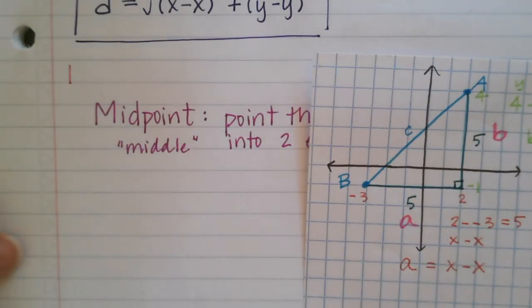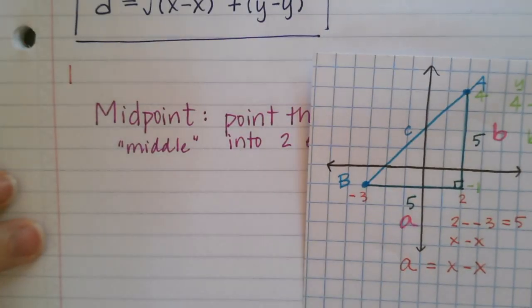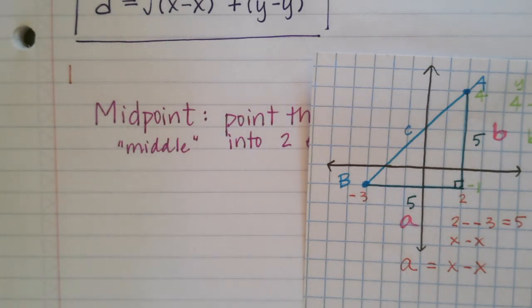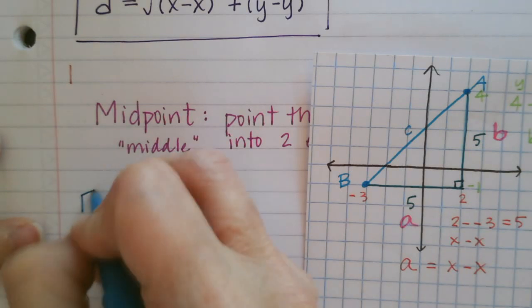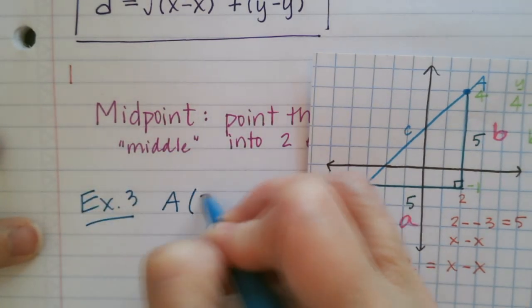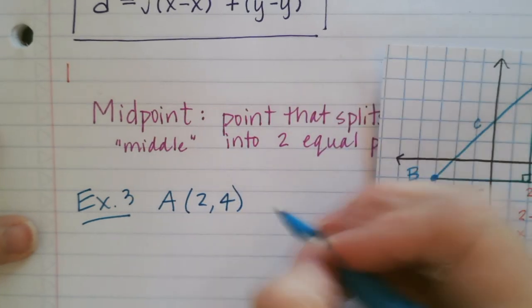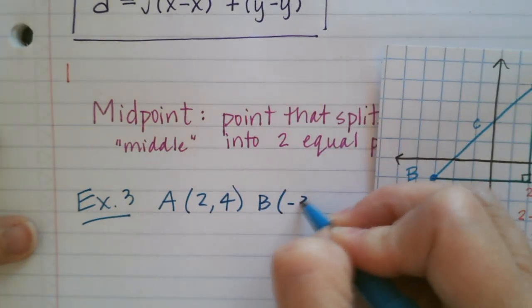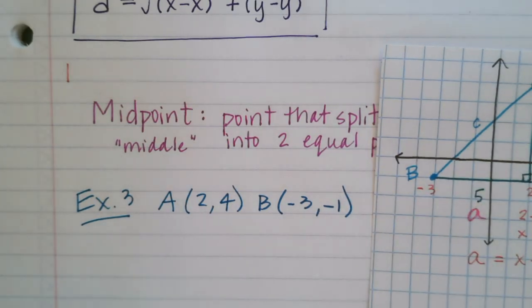All right, so let's use this example again. I'll call this example 3. We had that A was (2, 4), and B is (-3, -1).